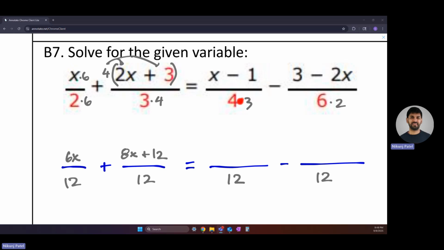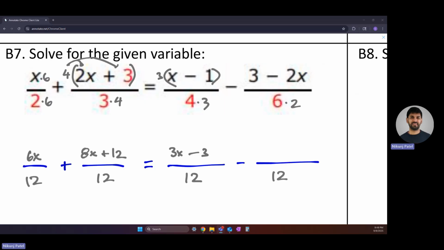For this next one, I'm going to distribute a 3 to each, so 3x minus 3. And then 6 times 2, so over here we're going to distribute a 2, so 6 minus 4x.